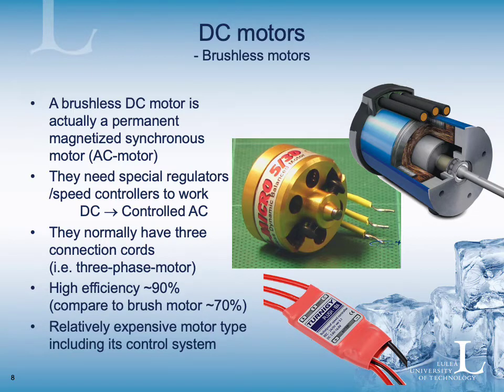Because of the need for this control system, it is actually quite expensive in comparison to the brushed DC motor. But you also get the higher efficiency and the good controllability instead. So you pay for the higher performance, you can say.